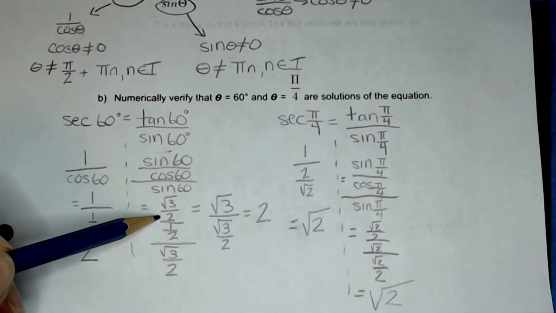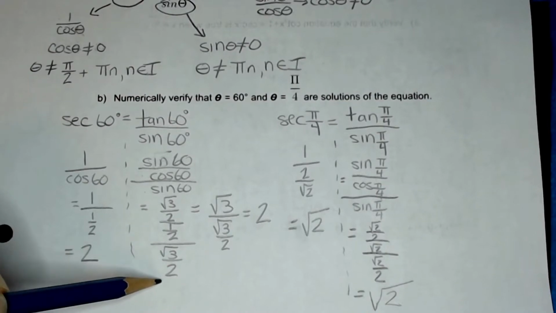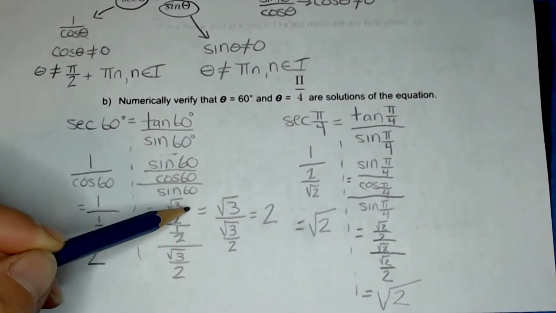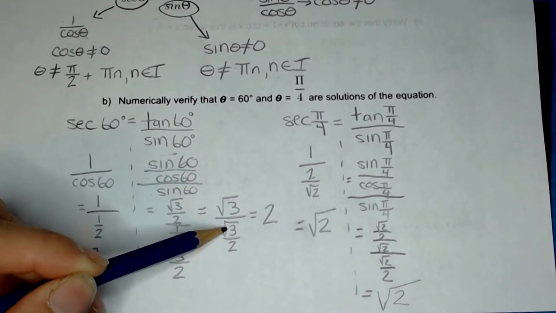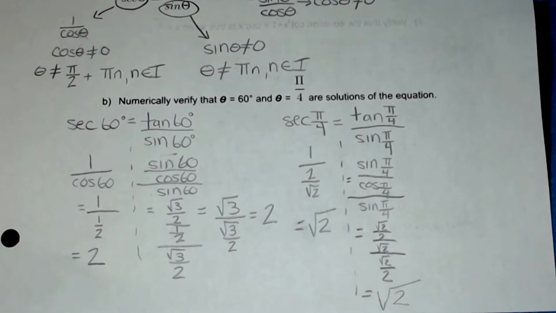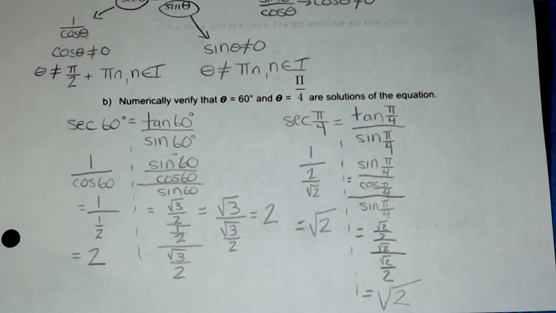So we get root 3 over 2 divided by 1/2 divided by root 3 over 2. So we did the flip and multiply here. That leaves us with root 3 over 2 over root 3 over 2, and then you need to flip it again and multiply, and that will of course leave you with a result of 2. So 2 equals 2, you can say that that statement is true.